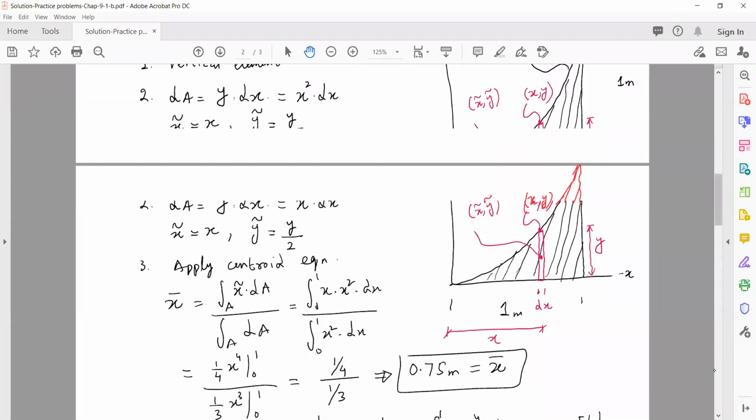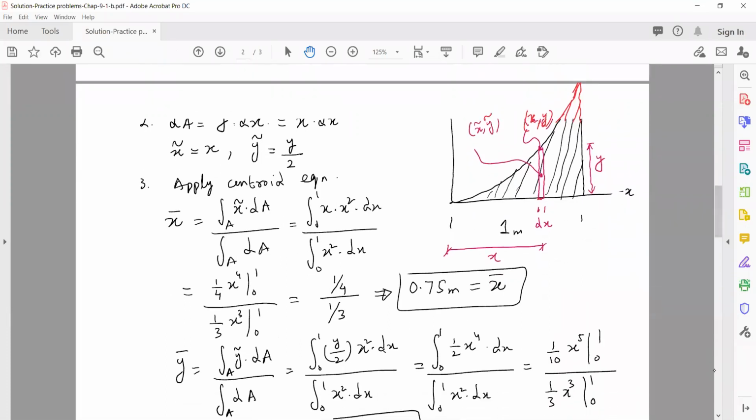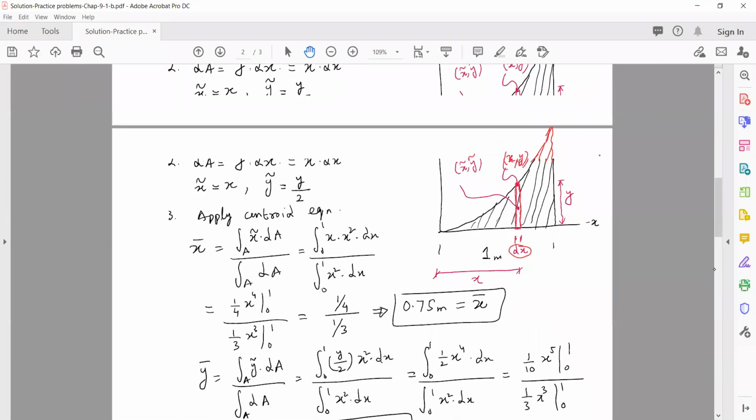Let's suppose we take a vertical element as shown. This is the vertical element which we are considering in this area, with a thickness of dx, and vertically, a length of y.